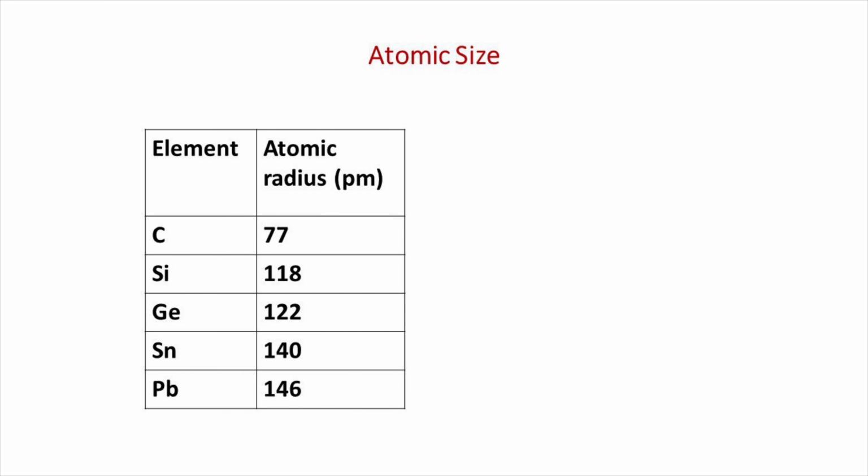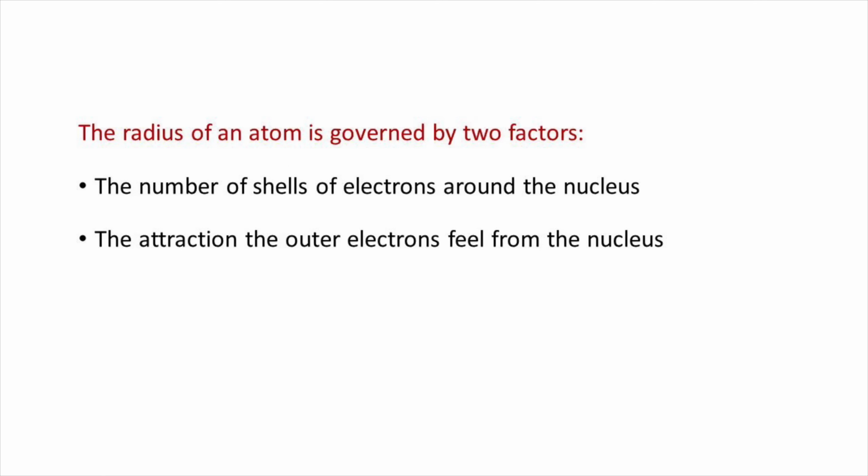The next general property is atomic size. On moving down the group, atomic size increases. We know the radius of an atom is governed by two factors: the number of shells of electrons around the nucleus and the attraction of outer electrons by the nucleus. The attraction of the outer electrons by the nucleus depends upon the shielding effect.